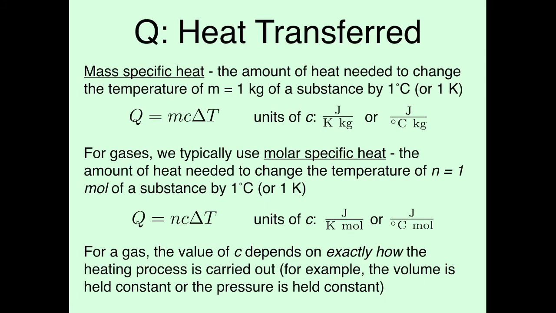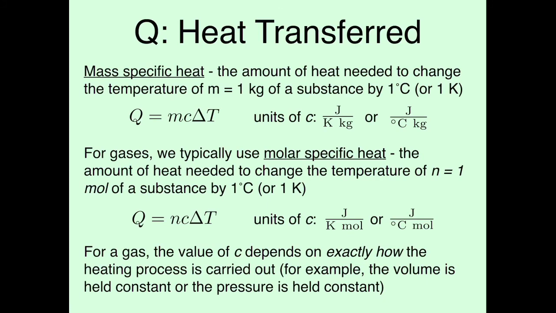It turns out in the Kelvin and Celsius scales, as long as we're talking about temperature changes, they're the same. But anyway, this gave us the equation Q is equal to m times C times delta T. And the units of C are joules per Kelvin kilogram or joules per degree Celsius kilogram. That's how we refer to the mass-specific heat.